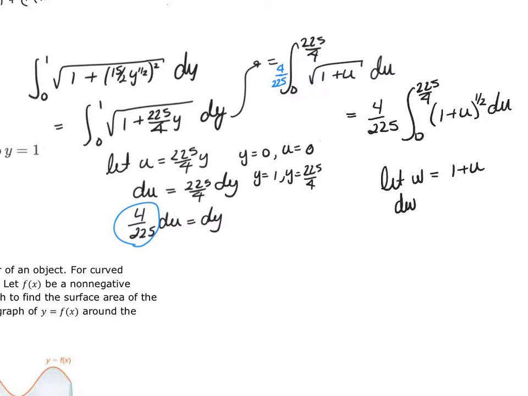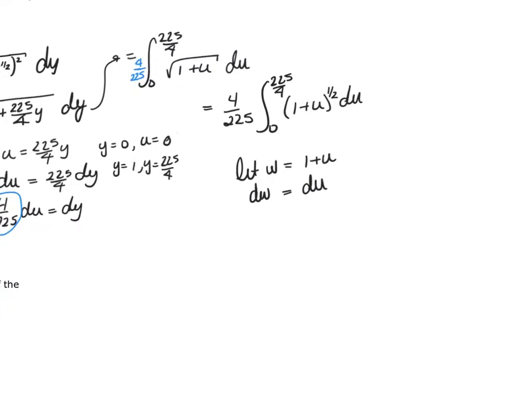That means dw is equal to du. And the only reason I would do that is so that it would make this part become w to the 1/2. And then I know that when I integrate w to 1/2, this would end up being w raised to the 3 over 2 multiplied by 2/3.